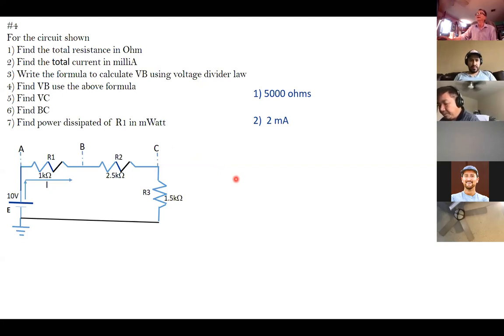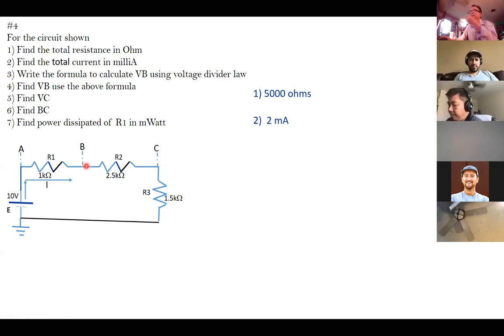Number 3. Write the formula to calculate VB using the voltage divider law. That means they want to calculate VB.